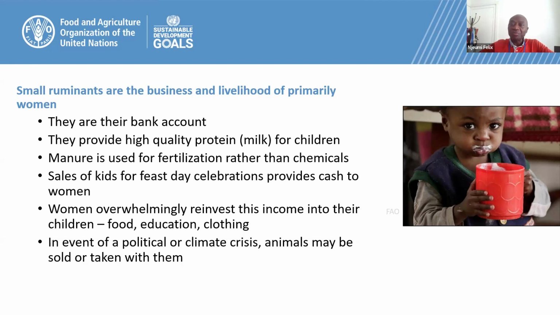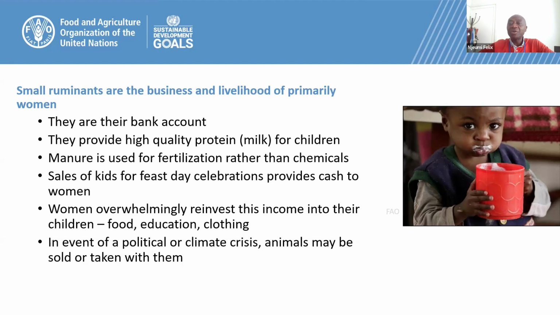Therefore, when controlling PPR or eradicating PPR or other small ruminant diseases, we are also mainstreaming women and gender into the livestock sector. And for many regions, when women have control of small ruminants, it is their bank account.